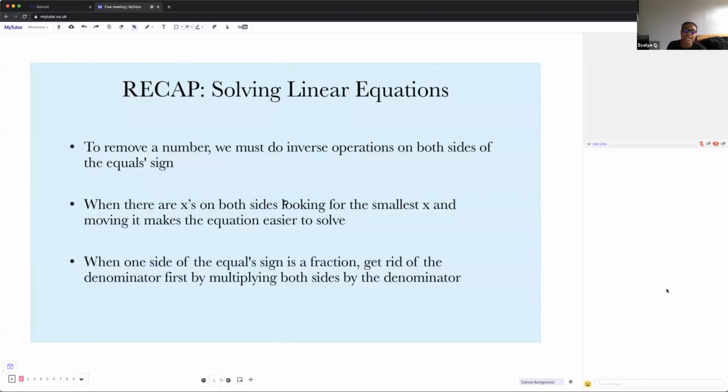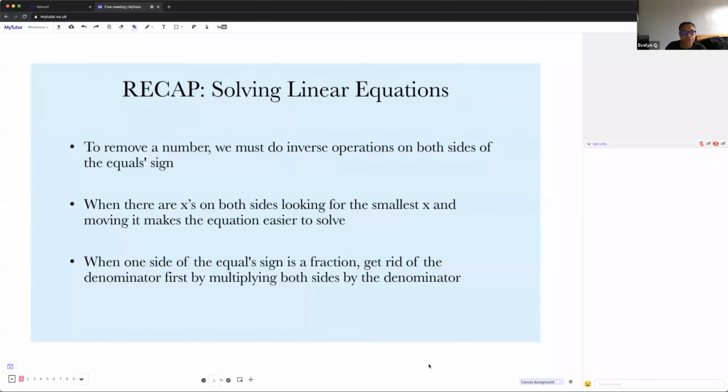Remember yesterday we talked about how it lets you calculate answers without so many negative signs, so it makes it a little bit easier. And when one side of the equal sign is a fraction, to get rid of that denominator, you can multiply both sides by that denominator so that you've got whole number terms on both sides, which is a whole lot easier than using fractions, because you're more likely to make mistakes.